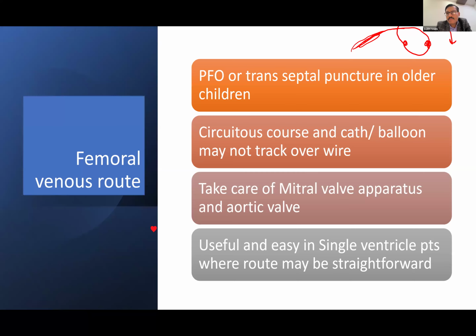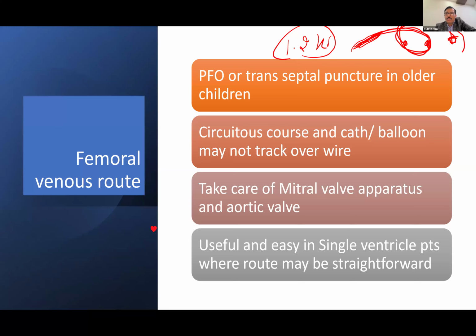So it's a circuitous route, and it's difficult to reach the coarct segment. But especially in a preterm child, 1.5 kg, 1.2 kg child, it's very good actually because you're not using the artery. I told you that a long time back I had a preterm child. I could not get the femoral artery access, and femoral vein may be a better option in such cases.